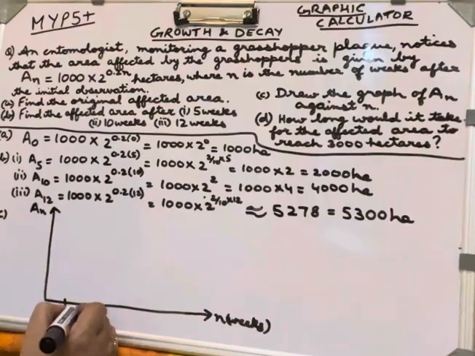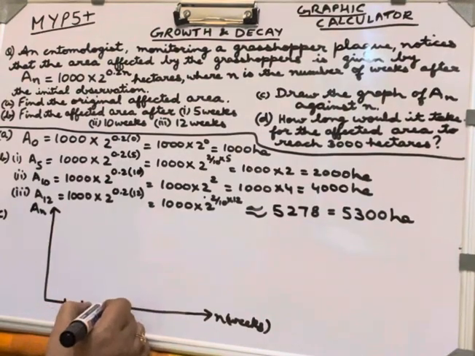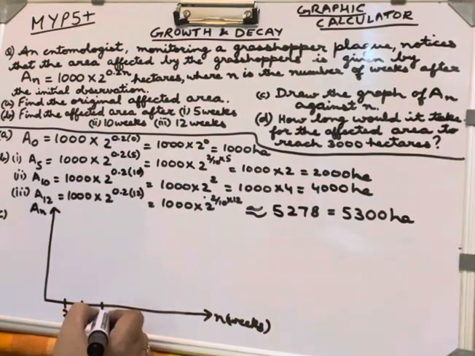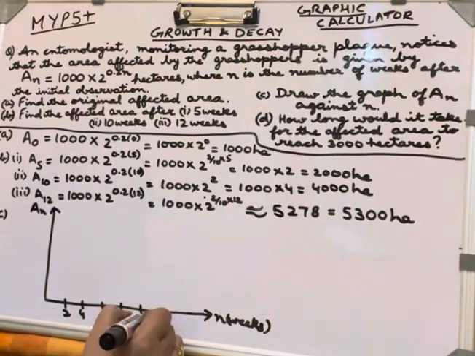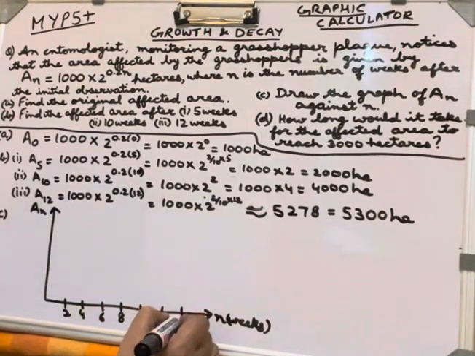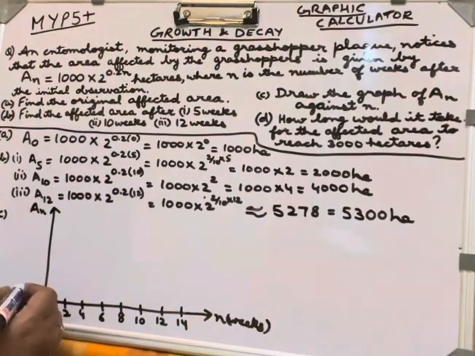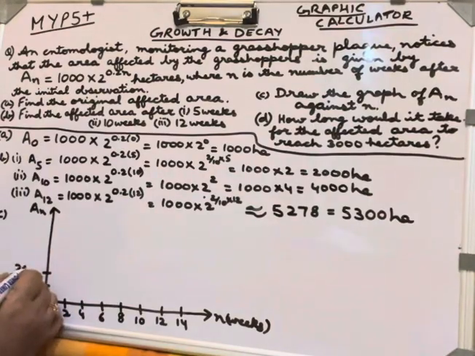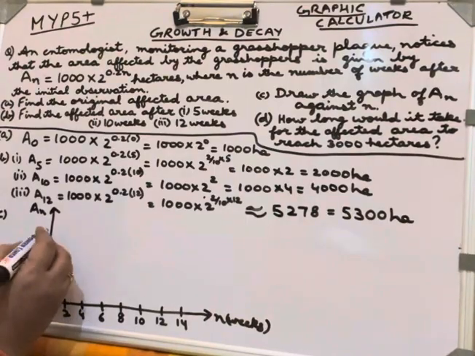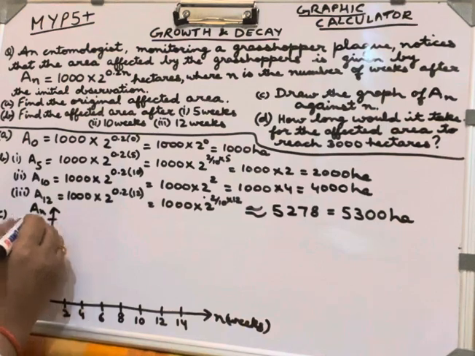So 2, 4, 6, 8, 10, 12, 14, and here we begin with 1000, then 2000, 3000, 4000, 6000.